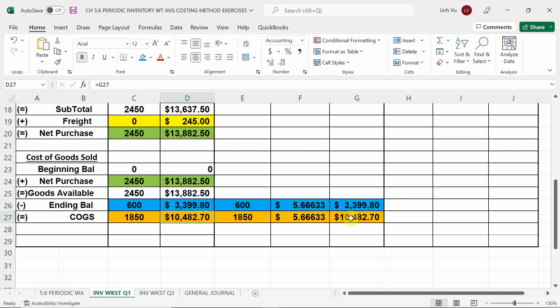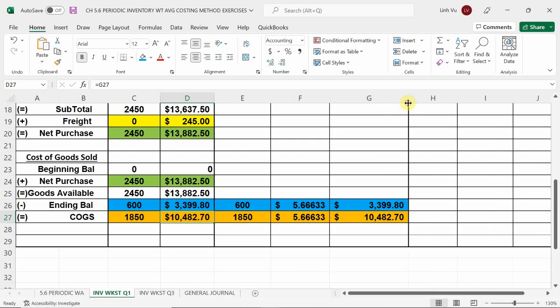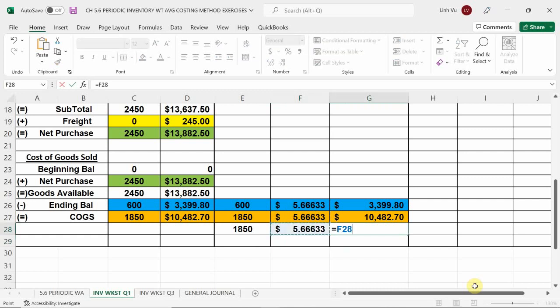3,399.80 equals. Okay. Now, what am I doing here that is different? Okay, so let me show you the difference here. If I were to just calculate it normally, I still get the same answer.